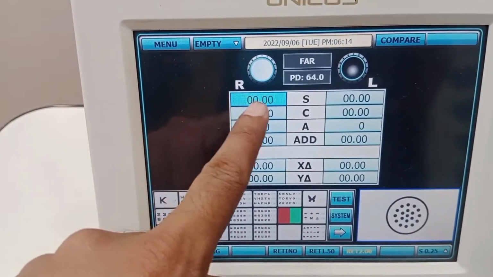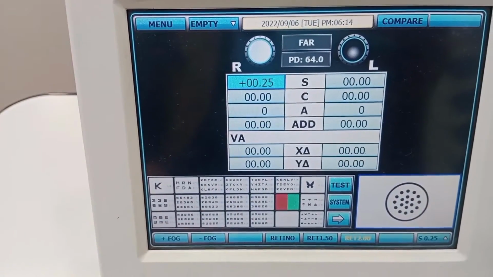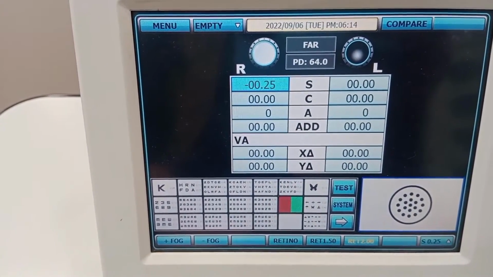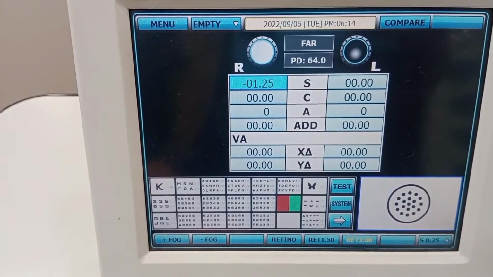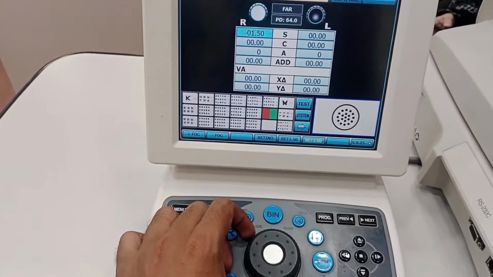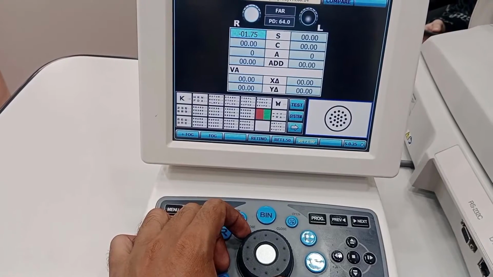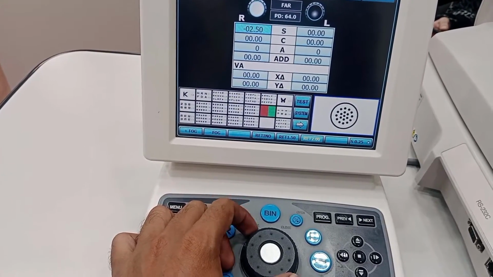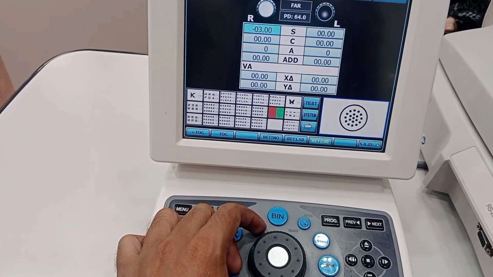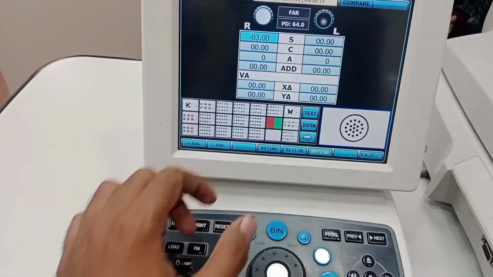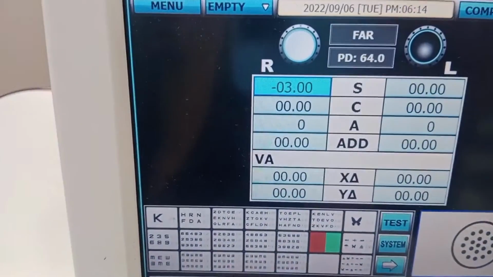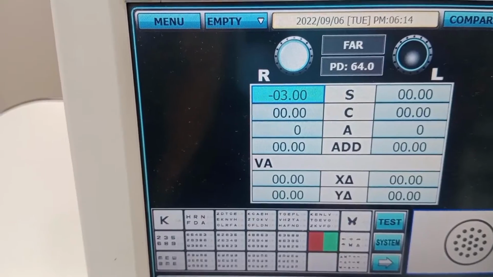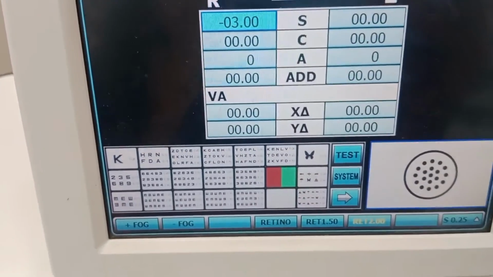You see the right eye is open, and if you want to perform the Jackson cross cylinder you have to establish the best vision sphere. Suppose I am increasing -2, -2.5, -2.75 and -3, and suppose this -3 is our best vision sphere. You know very well that to perform the cross cylinder we have to establish the best vision sphere first.